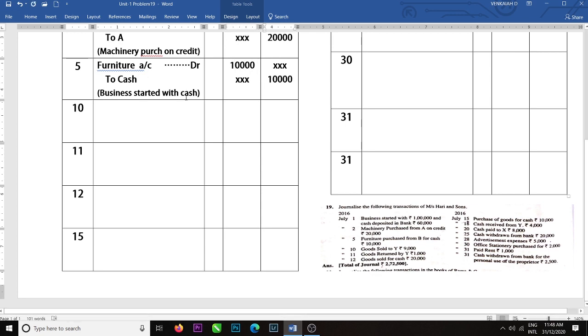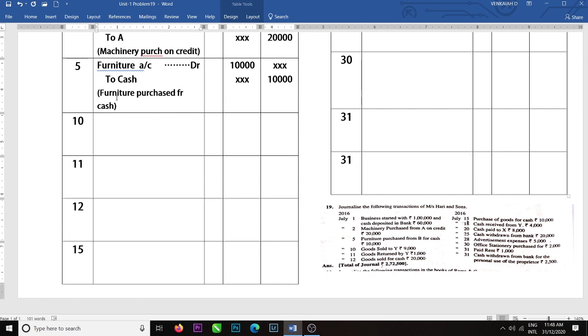Narration: furniture purchased for cash.